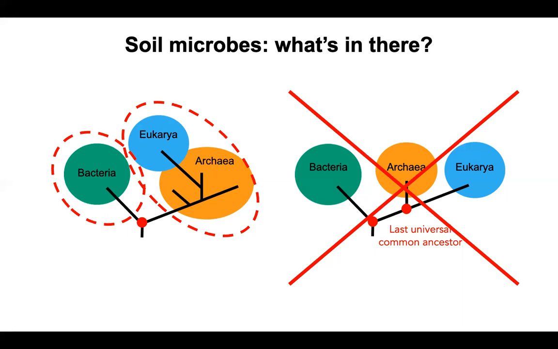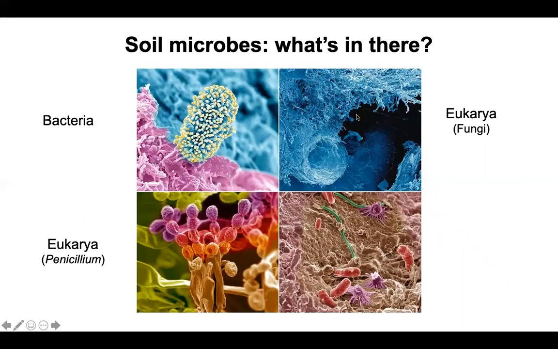So maybe just to get a handle on what these things look like, here are some pictures of these soil microbes that have been colorized. These are scanning electron microscope pictures. So here's a bacteria, this blue and yellow picture, and it's on a root right here. This pink stuff is a root, and it's attached on there. Over here we have eukarya, specifically fungi.